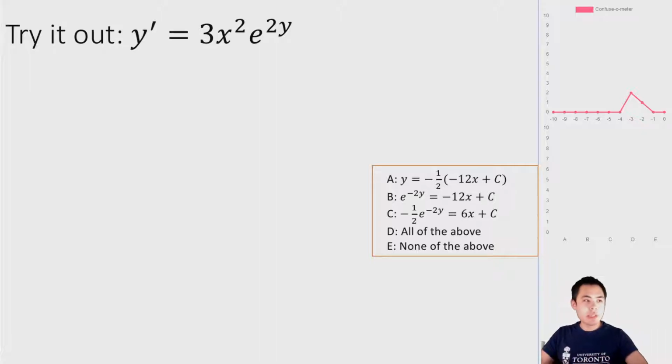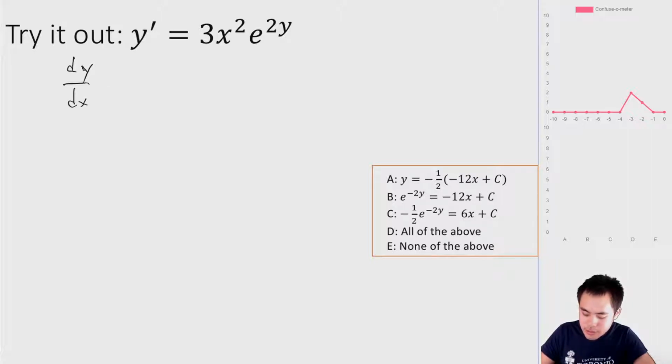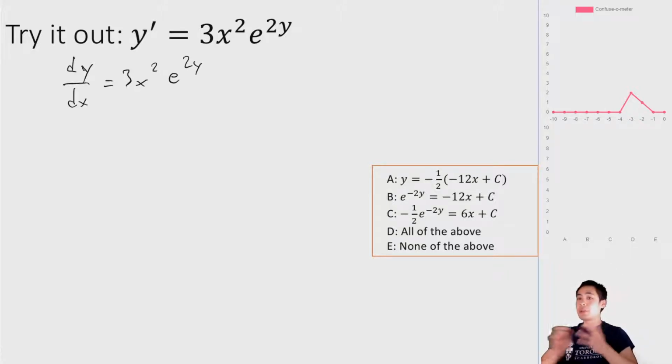So I will go ahead and get you started while you guys are working on this. So this is just dy/dx is equal to 3x squared e to the 2y. And so now the question is, can you separate this into the two different sides? Well, the answer is yes, or otherwise I wouldn't have given this to you as a problem.